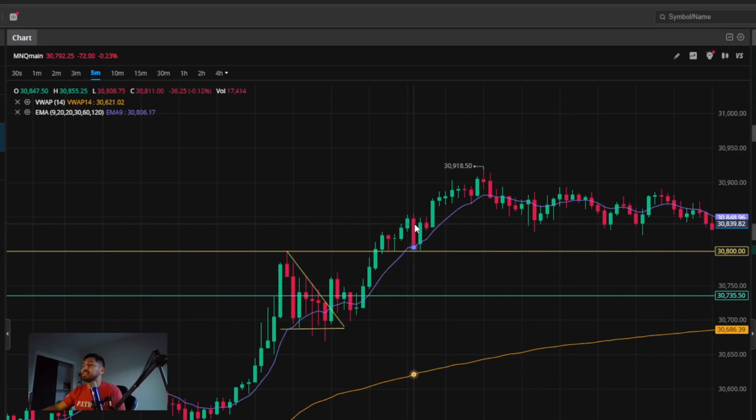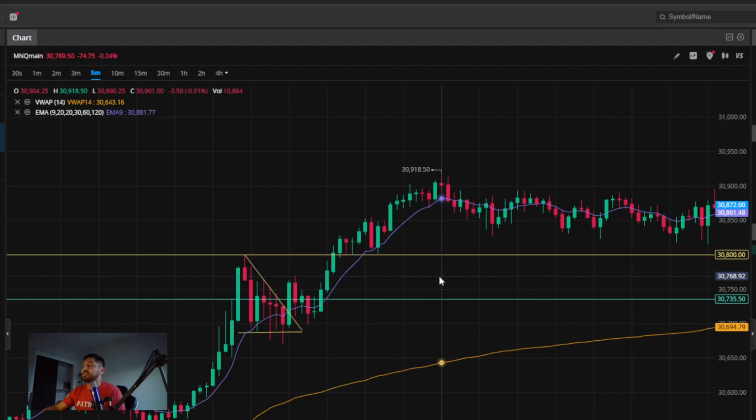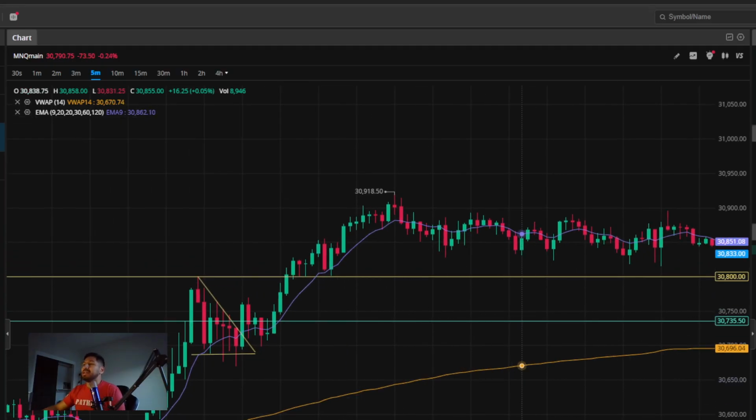And actually on this move to the downside here, I had another long to see if we could retest 30,800. If we would have broke 30,800 and closed below it, that would have been my stop loss, and I would have gotten out. And to be honest, with the call options on QQQ, I actually don't have a stop loss and take profit.